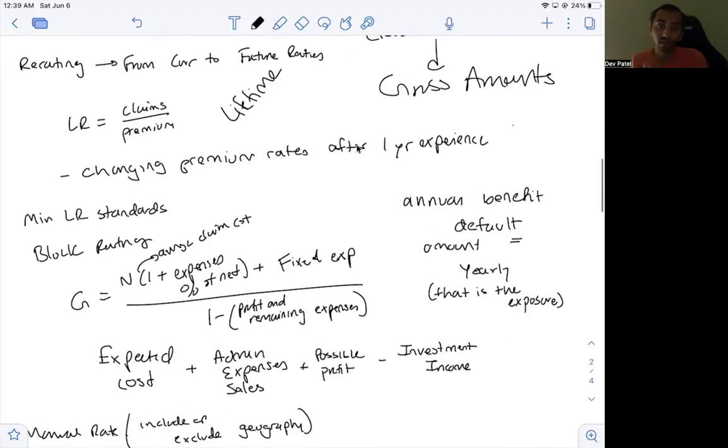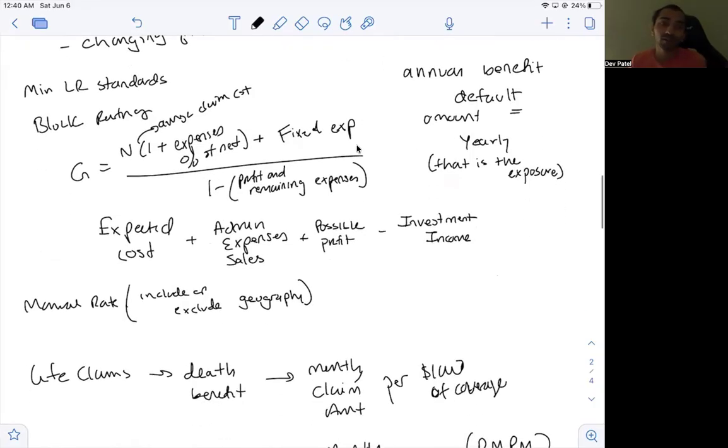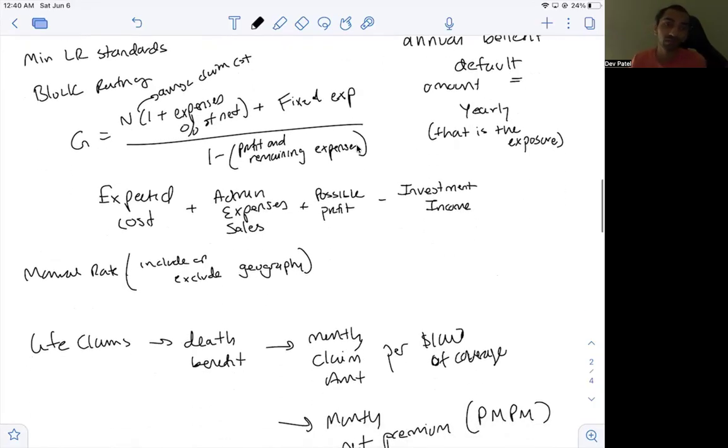So your expected cost, what on average it will take to insure this individual or this group of individuals, and you're adding in your admin expenses, sales commissions, possible profit that you want to add, and minus your investment income. When you aggregate those, you get to your gross premium.